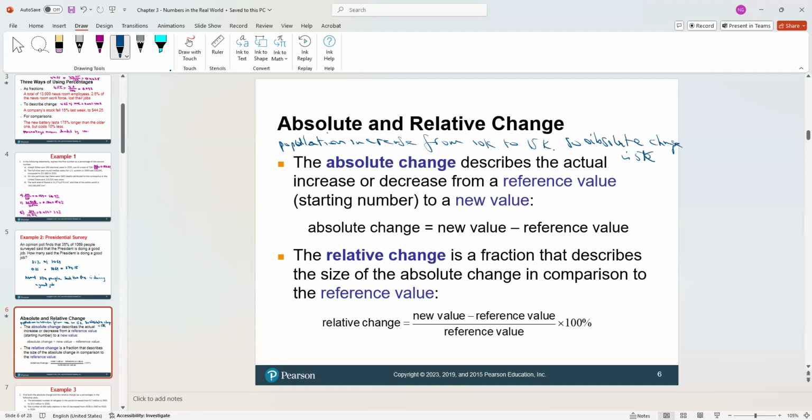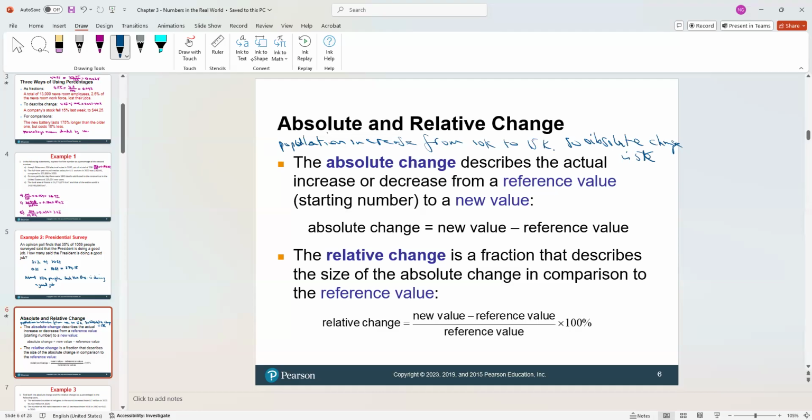You see? So we said if the population of a small town rises from 10,000 to 15,000 in 10 years, it was by 5,000, and we said that is an absolute change in the population. So the absolute change describes the actual increase or decrease from a reference value to a new value.